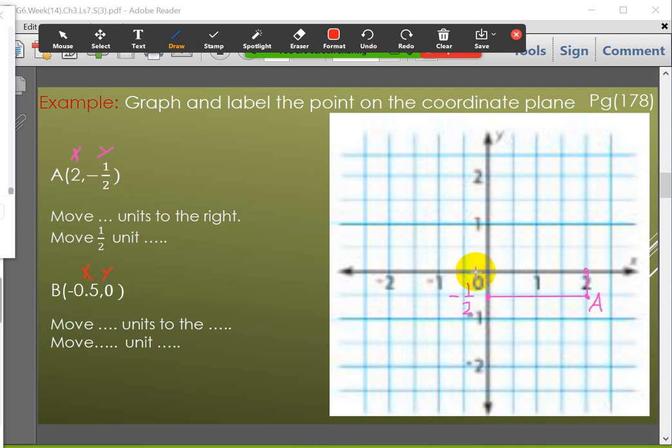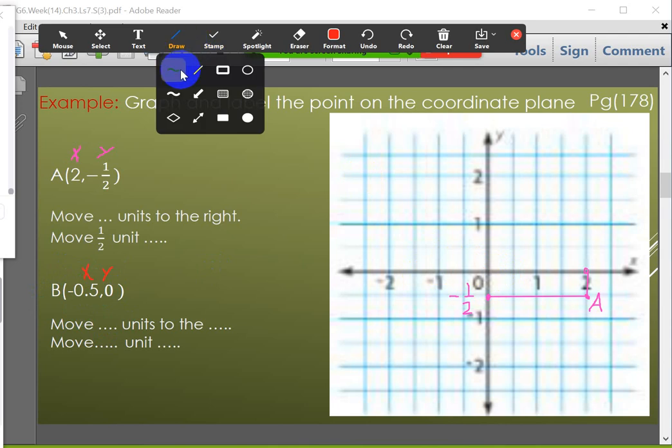There is no -0. Of course, I told you 0 is a neutral number. There is no negative or positive 0. Between 0 and -1, because -0.5 will be on the left side of 0, in the middle. This is the number.